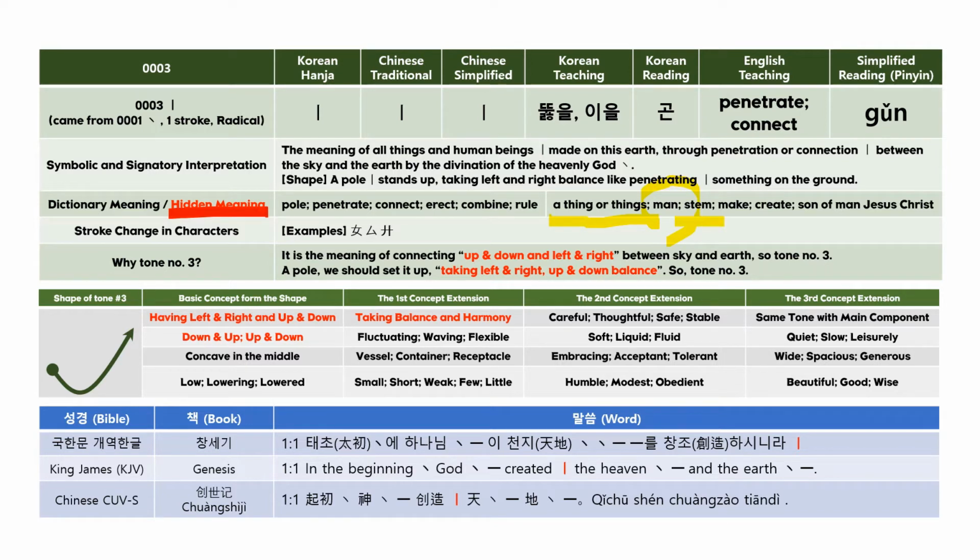Man stands on the world, on earth, and makes, to create. Also, Son of Man, Jesus Christ, because Jesus Christ came down to the earth as a man. So please try to remember these hidden meanings as well: a thing or things, man, stem, make, create, Jesus Christ.